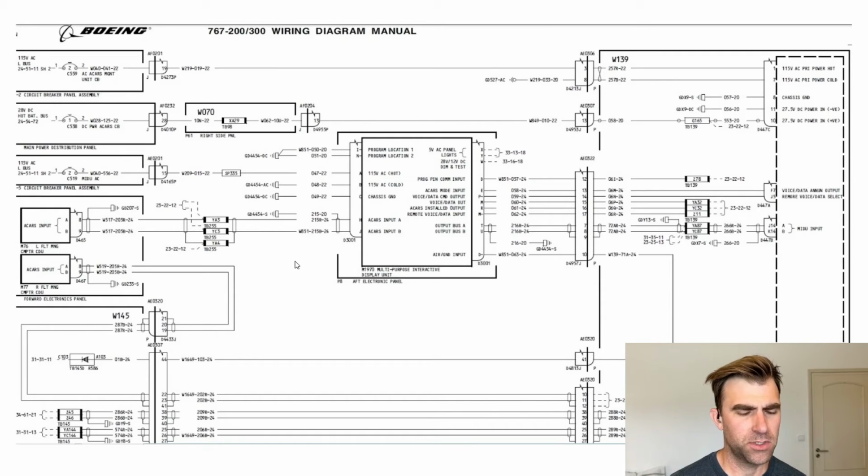You can use the wiring diagram manual or aircraft maintenance manual table of contents to find a description of all the different symbols, what they look like and what they mean, depending on each manufacturer. I would highly recommend doing that before you even jump into looking at a wiring diagram, so you understand how their symbols look.